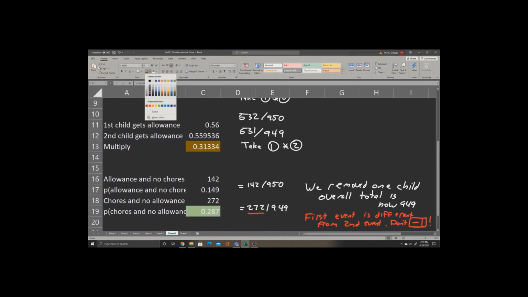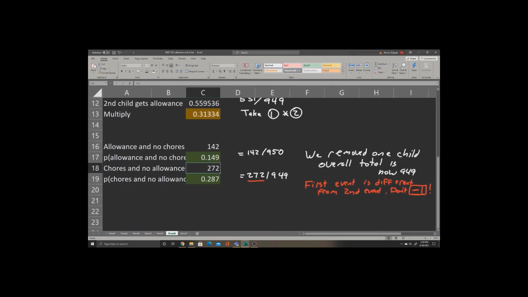These two numbers that I'm going to paint green are the numbers we're going to multiply together. We're not going to multiply the number of children, the 142 or the 272. That won't help us get the answer. So now we can say the probability of both events is going to equal the first probability multiplied by the second probability.